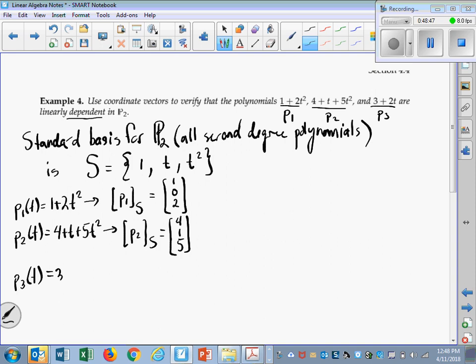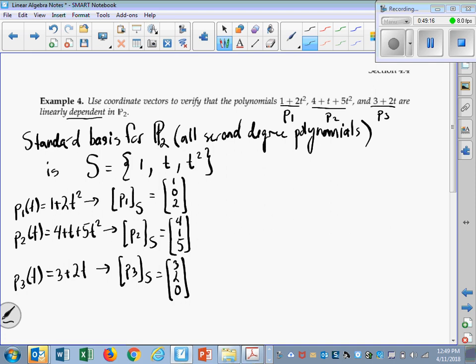Okay. All right, now that we have these as real vectors in R3, we can actually see if the real vectors are linearly independent. Showing that these vectors are linearly independent is a little bit easier. That's using row reduction, which we're used to doing. But showing how much of P3 I need for P2 is kind of hard to come up with on your own, so we can have an algorithmic way of doing this.